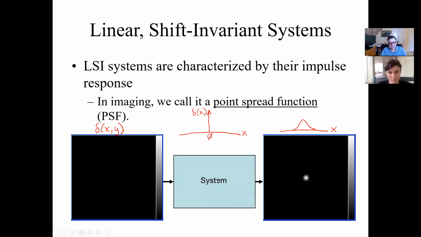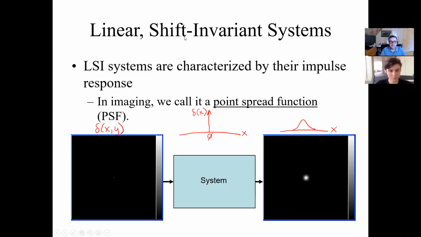Then that passes through the system, and at the output we see something that is not a point anymore, that's been blurred. Because that expresses what the system does to a point, we usually refer to it as a point spread function in imaging, or PSF. That's language that I will use quite a bit.